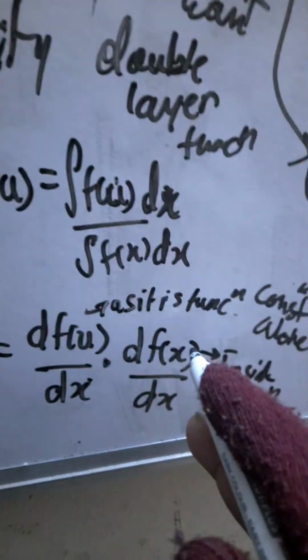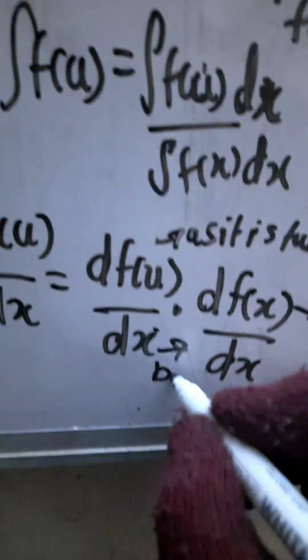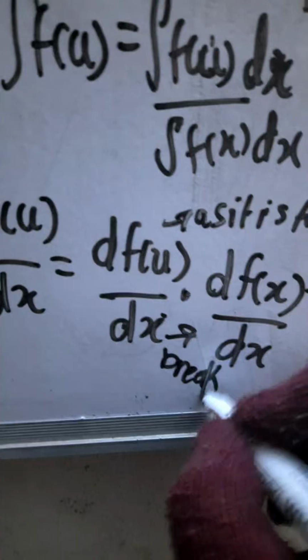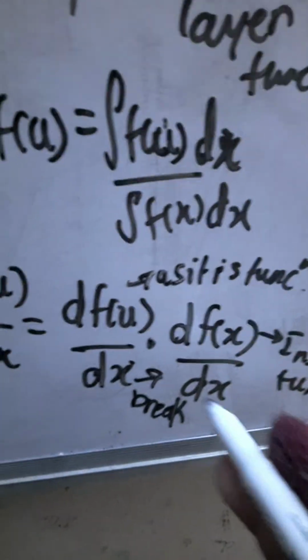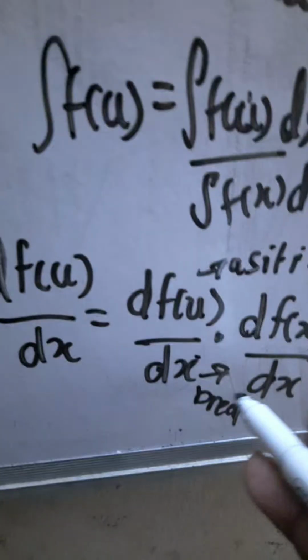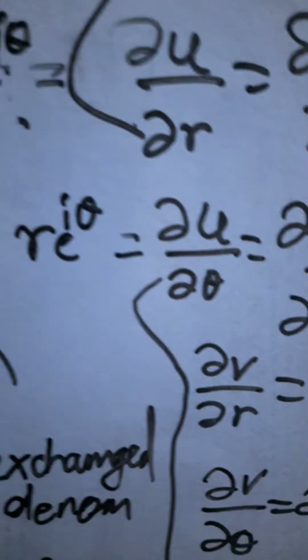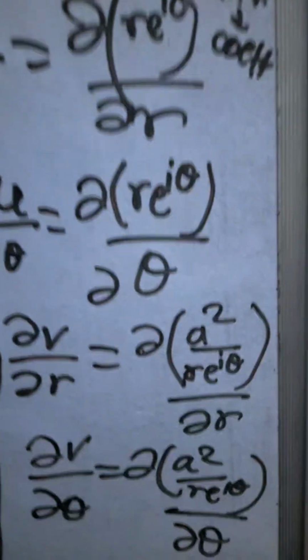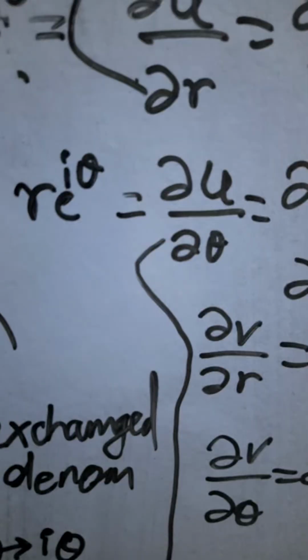First you take the derivative of the outside function as it is, then break it, then take the derivative of the inside function. So first is e raised to i theta, and the derivative of e raised to i theta is e raised to i theta. I took that derivative overall.